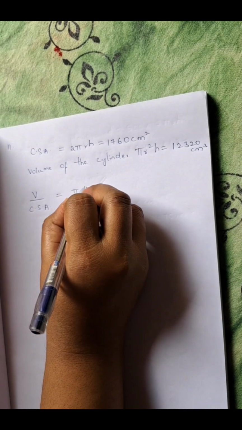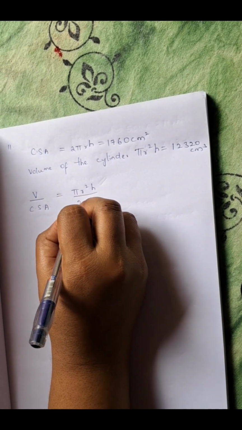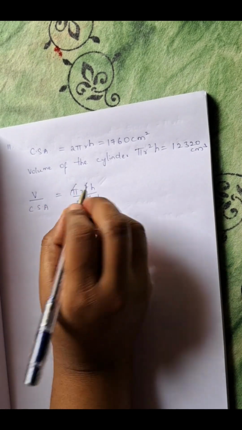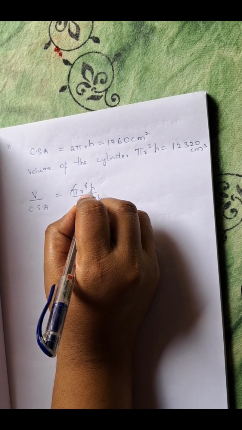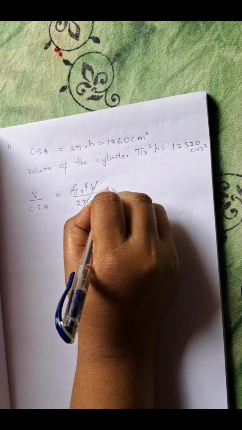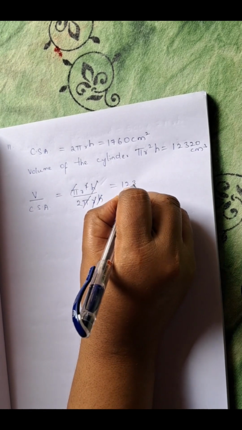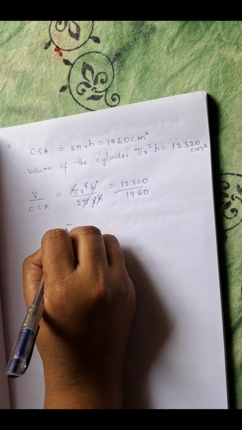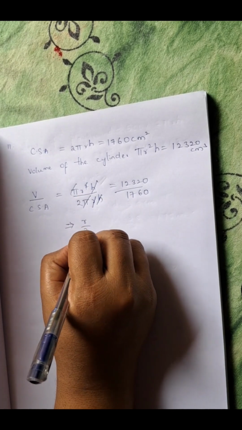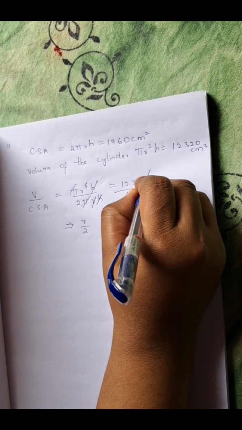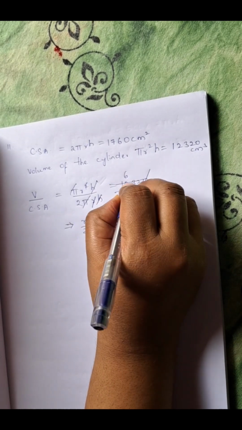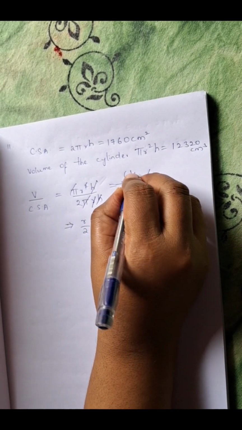Since volume is πr²h and curved surface area is 2πrh, π cancels, r cancels, right? And here h cancels, which is equal to 12320 by 1760. So which is equal to r by 2. Okay. Next 0 cancel. 2 eights are 16, 2 eights are 16, 2 sixes are 12, 2 ones are 2, again 2 sixes are 12.